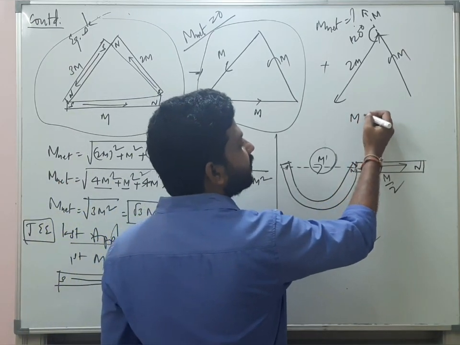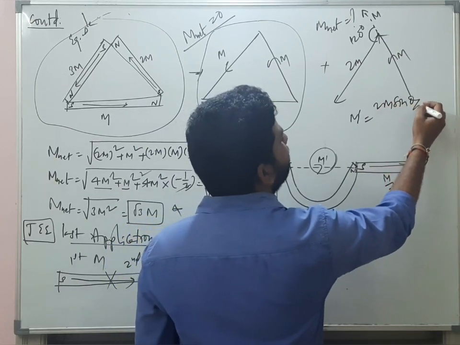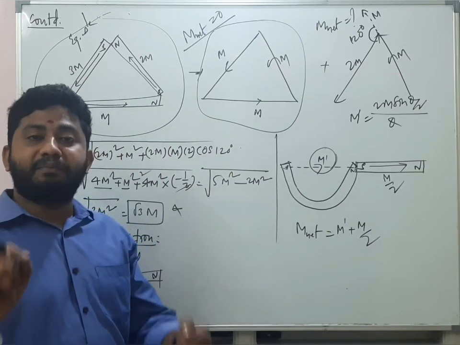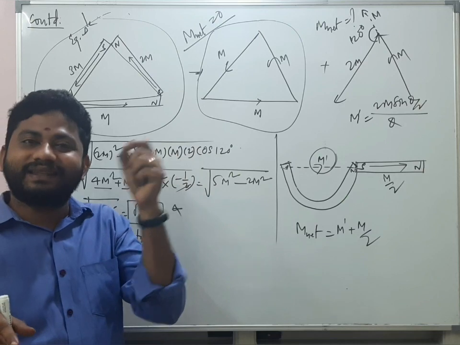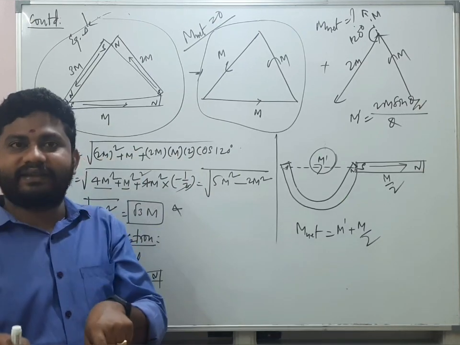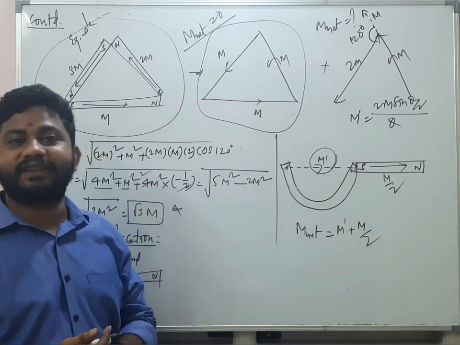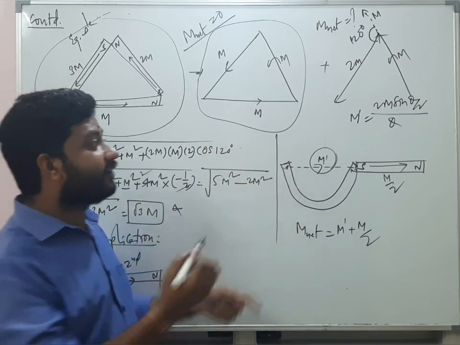M dash is equal to 2M sine theta by 2 divided by theta, if you bend a magnet into the form of an arc making an angle theta at the center. So this we have already discussed.